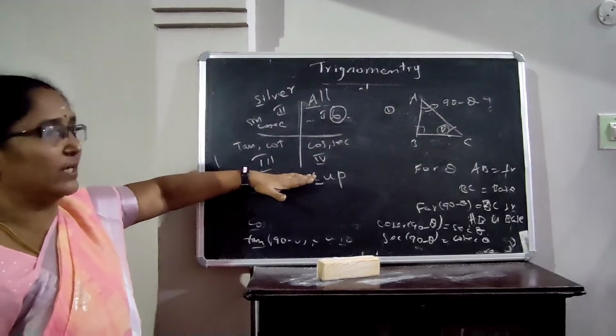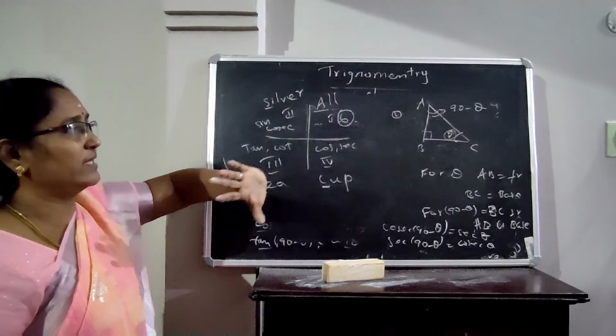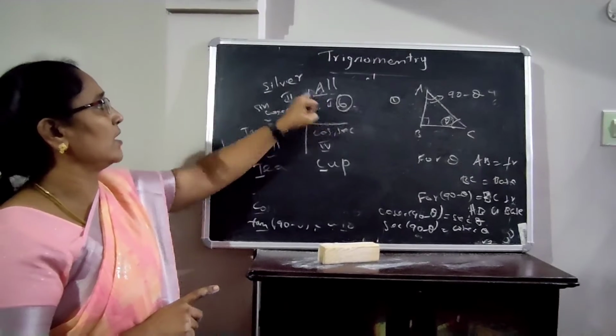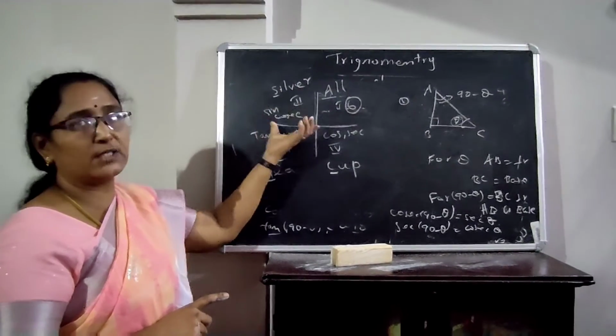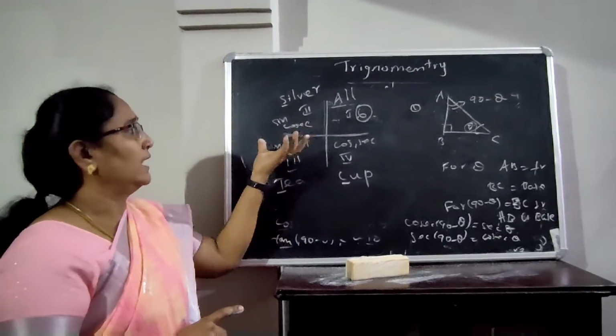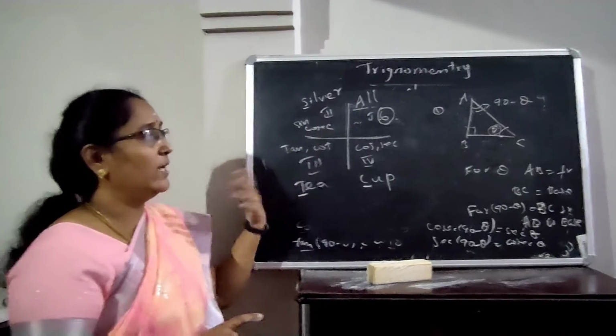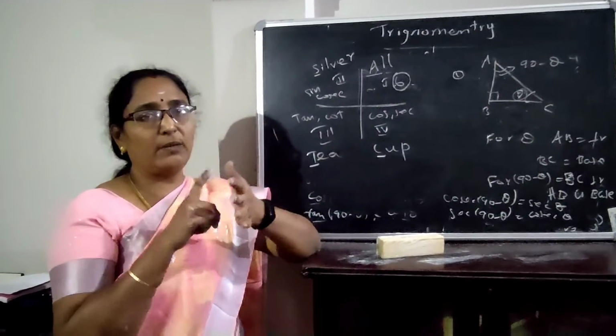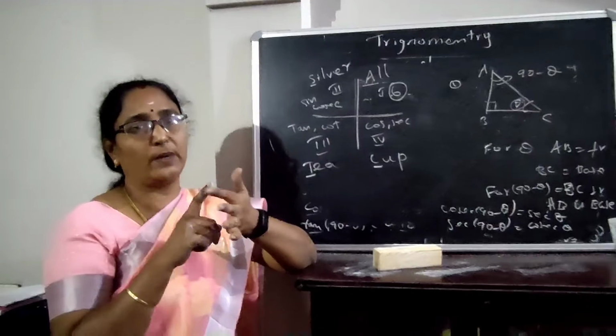One more important thing: for trigonometry we simply remember 2 sentences. One sentence is all silver tea cup, for knowing which ratios are positive and negative in which quadrant. The other is: Some people have curly black hair through proper brushing.